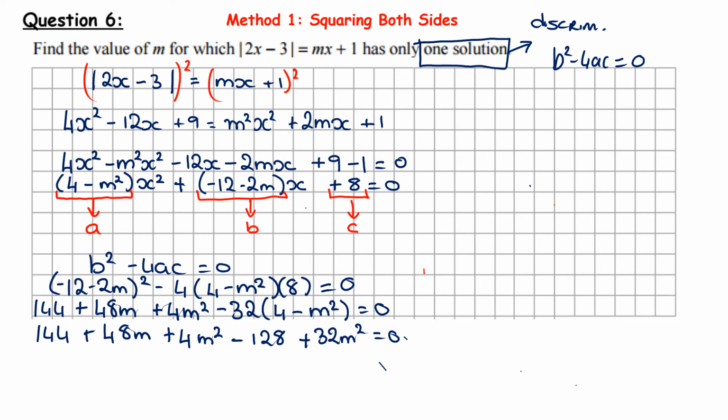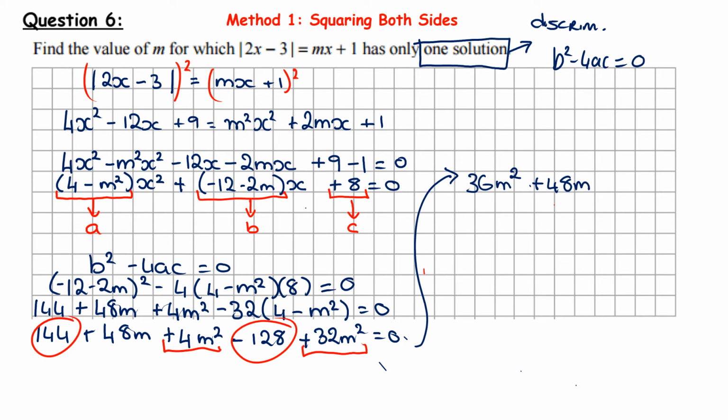So let's clean that up. We have an m squared, an m, a number, and a number. So I'm just going to bring this up here. So we end up with 36m squared plus 48m plus 16 equals 0.